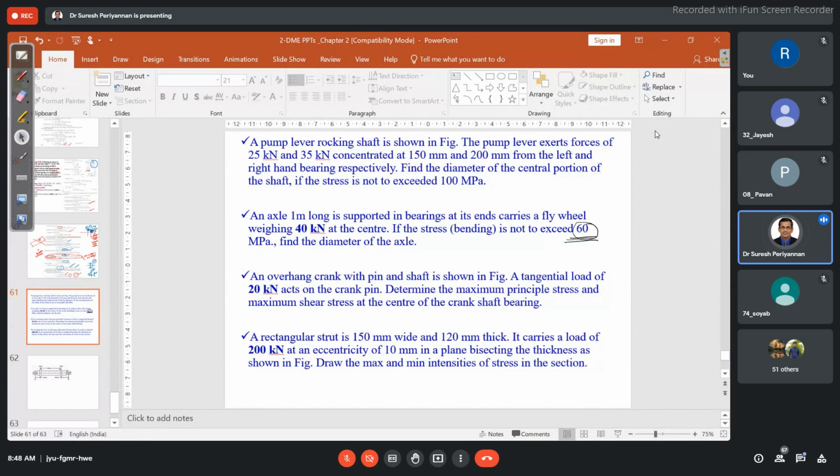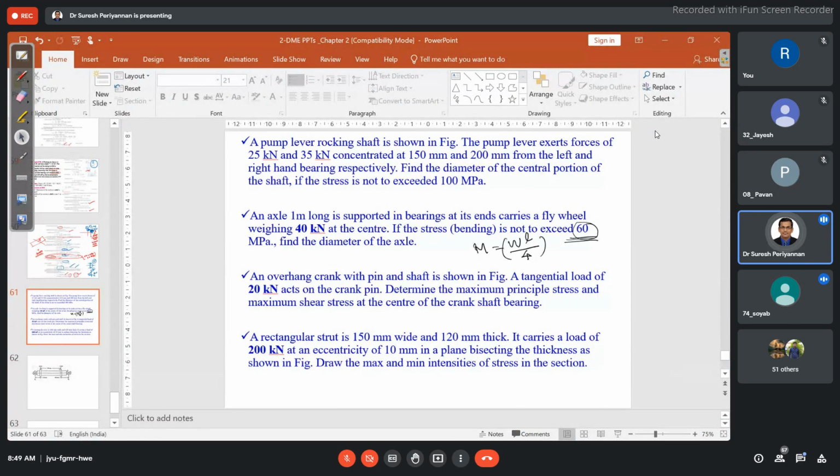Now, tell me the bending moment equation in a simply supported beam. Maximum bending moment, while the load is acting at the center of the circular bar. WL by 4, right? WL by 4.